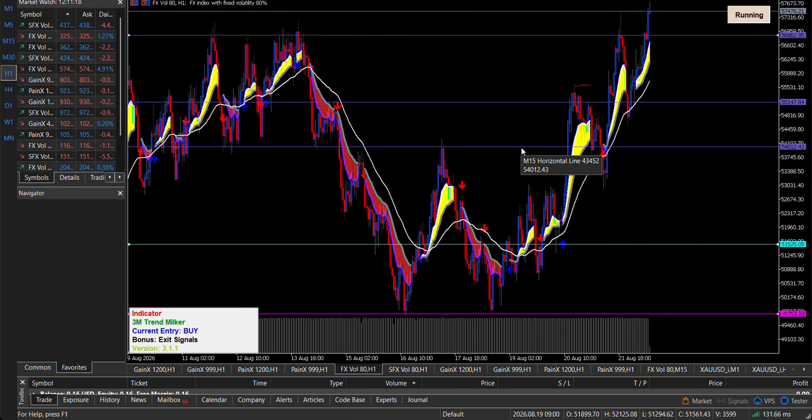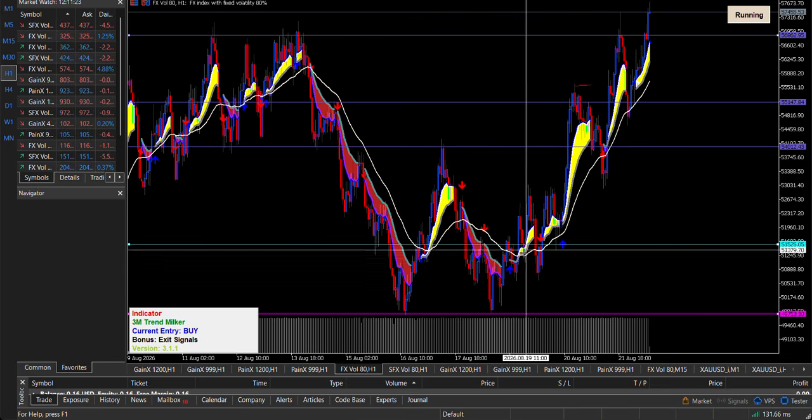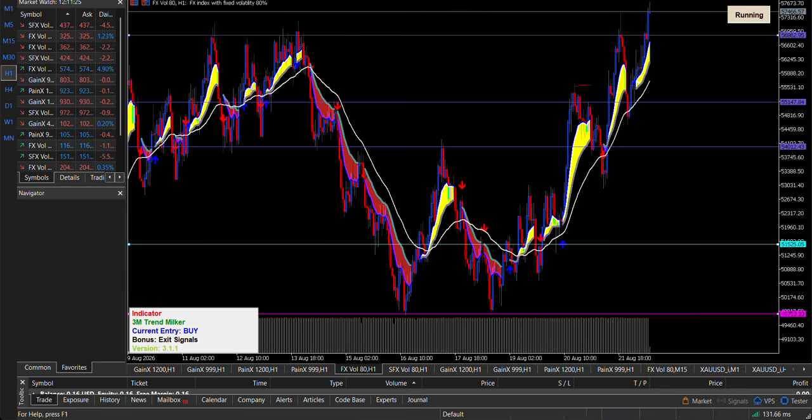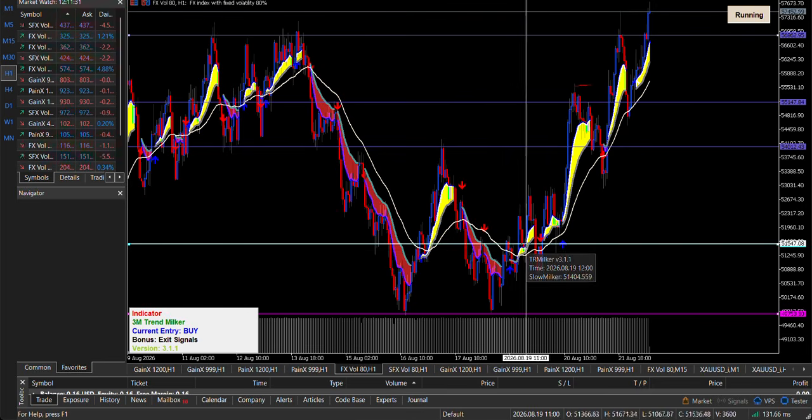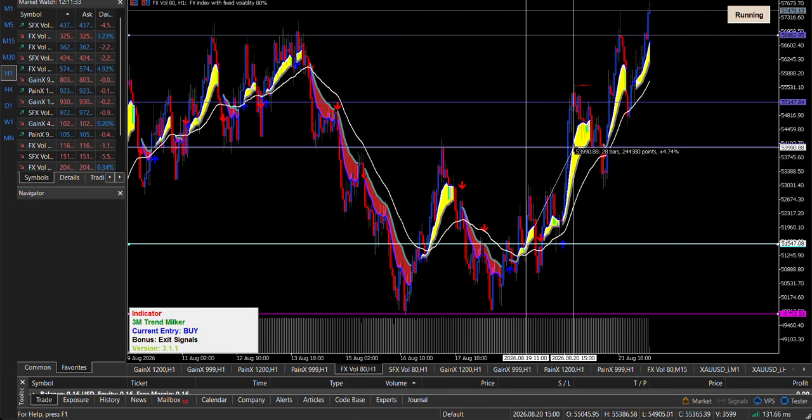Okay, so you can see it achieved the first TP. Achieving the first TP alone is so amazing. Sorry, let me pick it up from the right place. Even from here to this region is giving us 244,380 points.